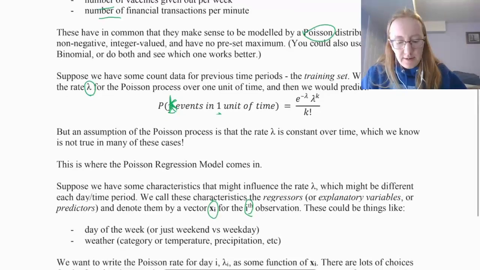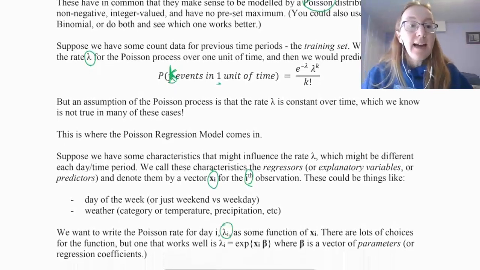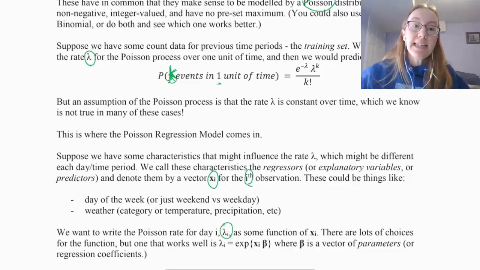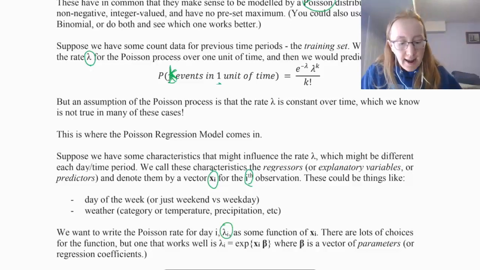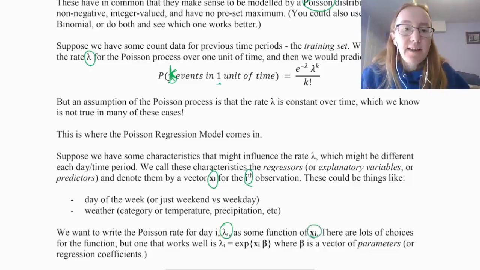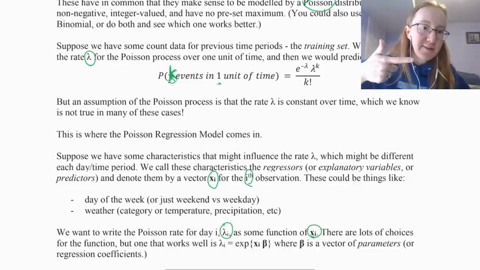And then what we want to do is imagine that the rate for day i is now allowed to change day by day. So we're no longer assuming a constant rate. We're going to assume a rate that's allowed to depend on the day. So we'll call it lambda i, some function of these characteristics. So it might be some function of what day of the week it is and what the weather is.